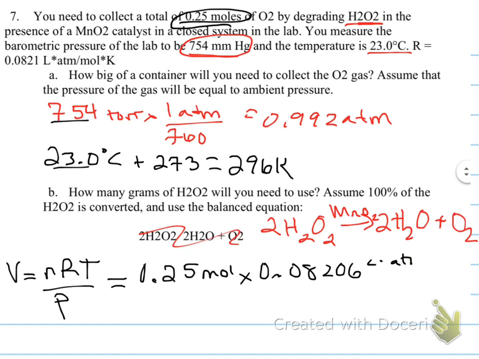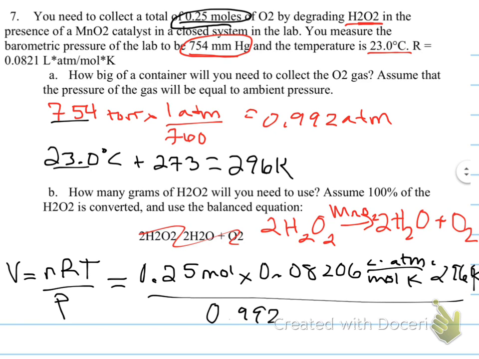When I have 3 sig figs, it's 4 in my constant, just to make sure that doesn't affect the rounding. And then, let's see, our temperature is 296 K, I can't finish writing it very well, but there you go. And then our pressure, we figured was 0.992. Okay, so our unit, we better just check that. Moles will cancel, K will cancel over here. Oh, I forgot to write the unit, that was naughty.